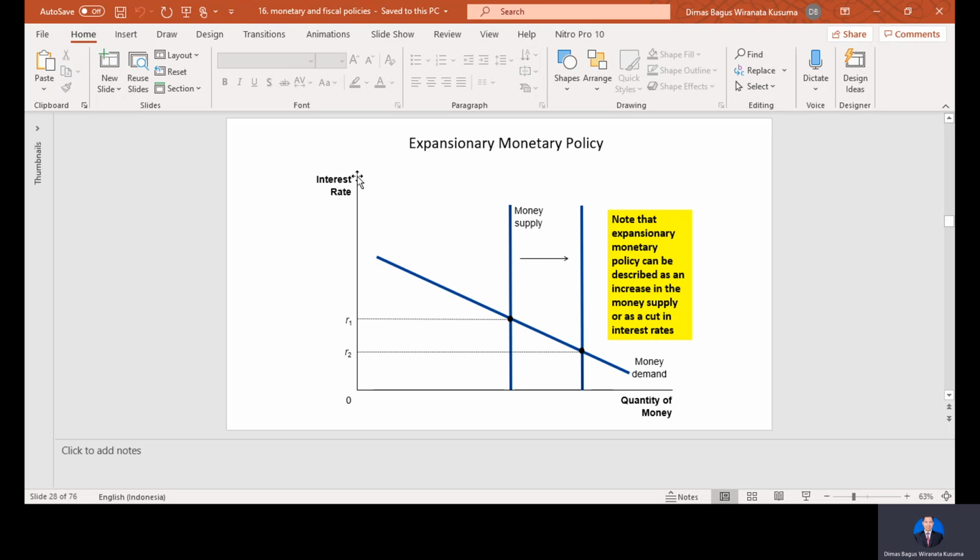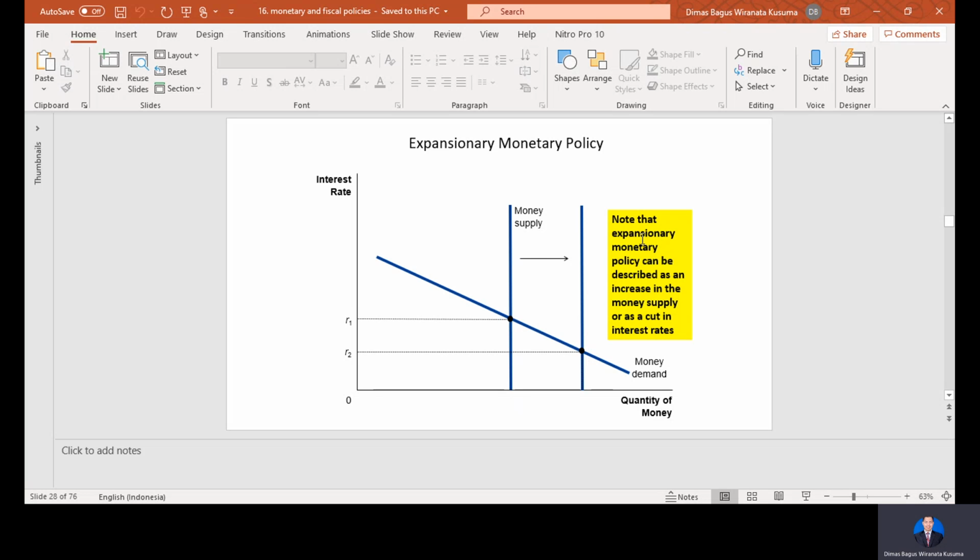So we have here the interest rate on the vertical axis, and the quantity of money on the horizontal axis. Here you have money demand, which is negatively sloped, and you have the money supply as a vertical line.